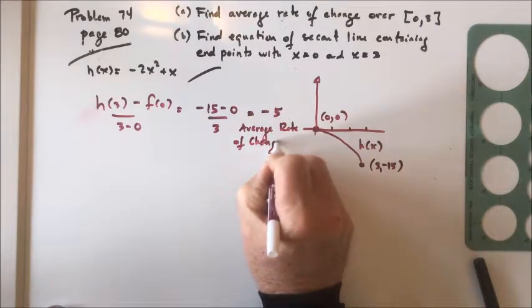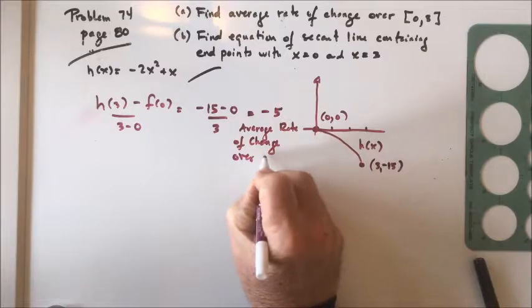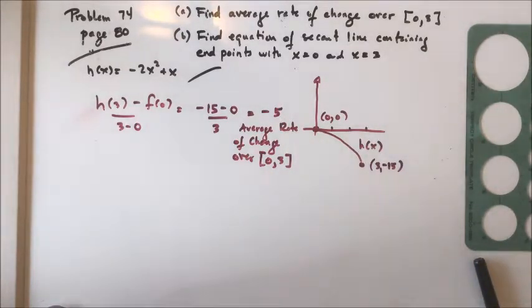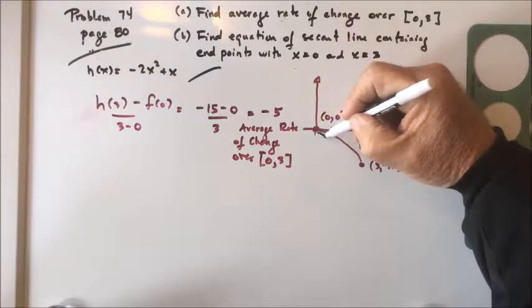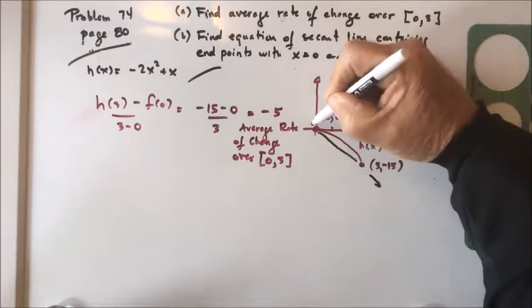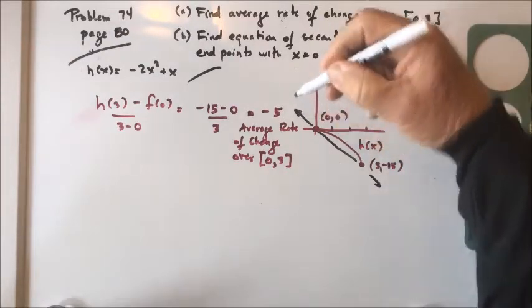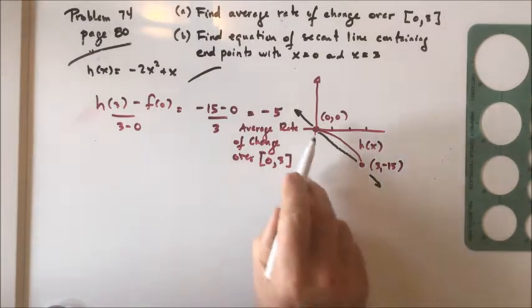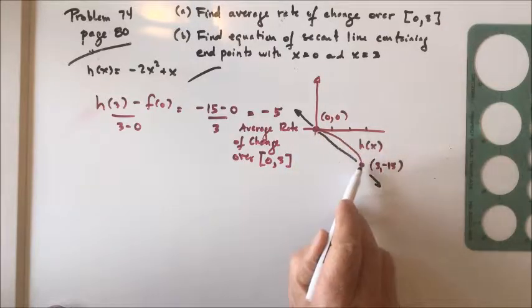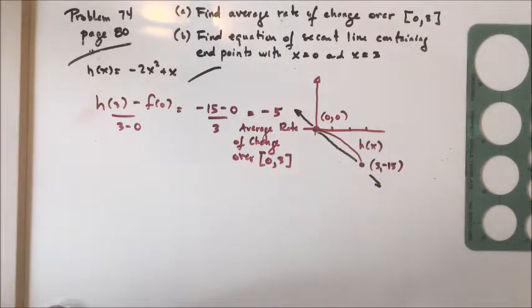Now the second part of the problem says let's find the equation for this line. I'm going to just draw a line segment, and then I'll kind of carry it on and say here's a line where the line contains this secant, the straight line segment between the left point of h and the right point of h over this interval from 0 to 3.